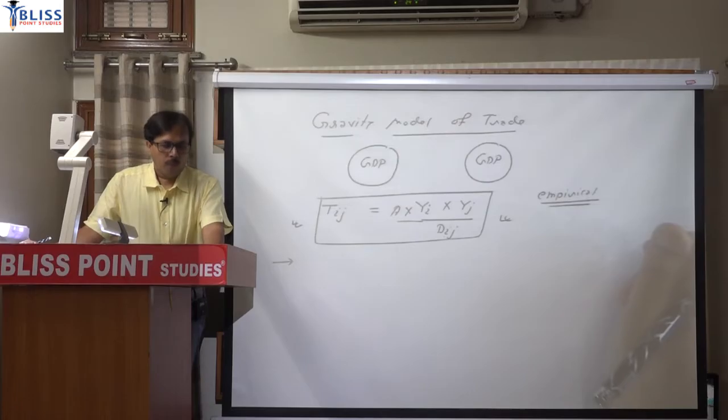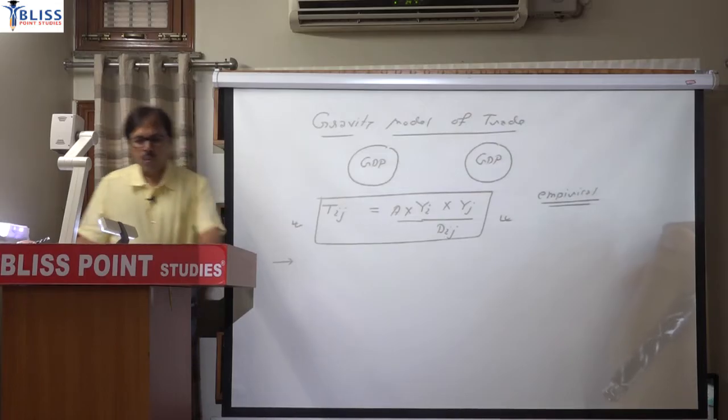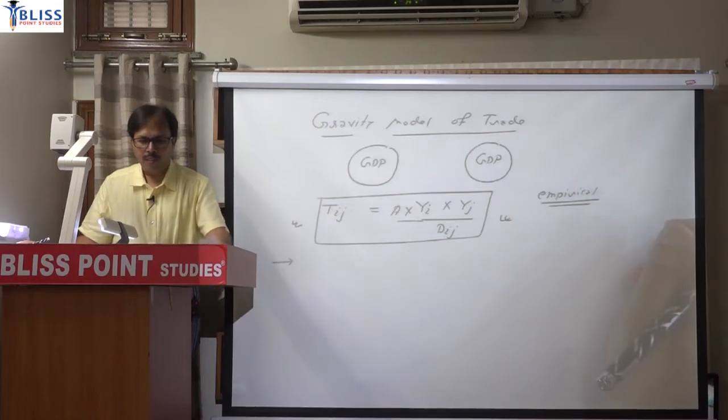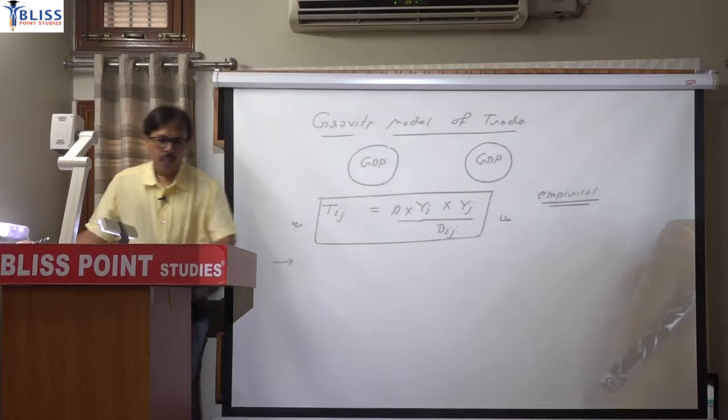So the reason for gravity model is the analogy or similarity. The reason for gravity model is the analogy to Newton's law of gravity. Full stop.